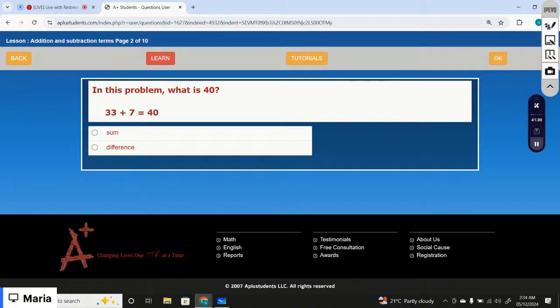In this problem, what is 40? When you add 33 and 7, the answer is 40, right?